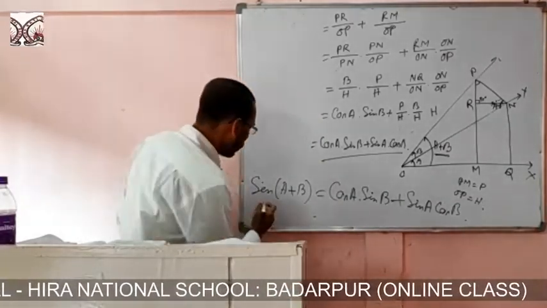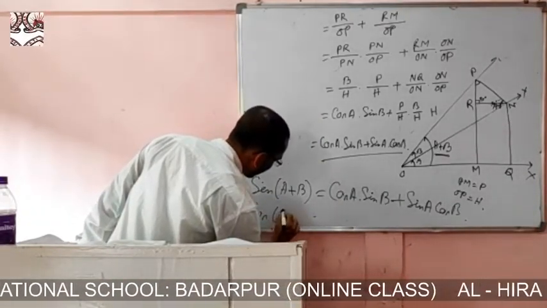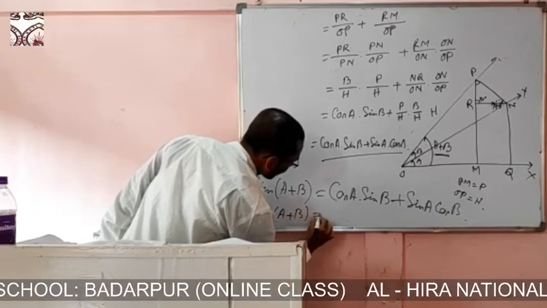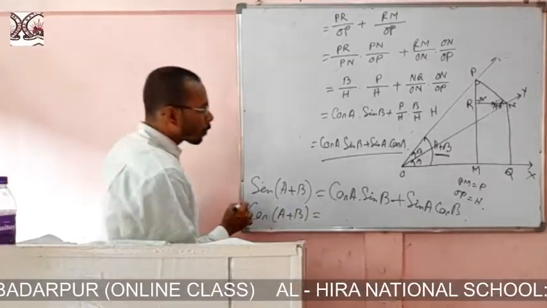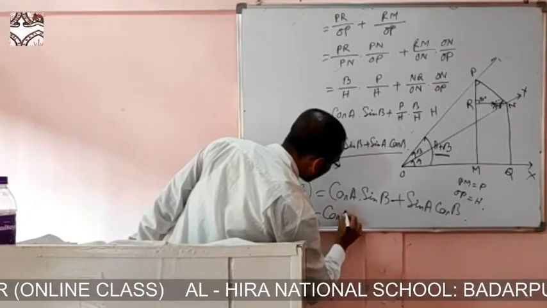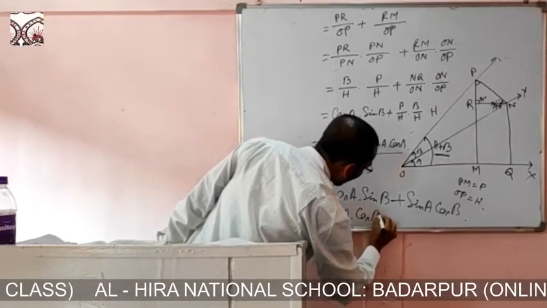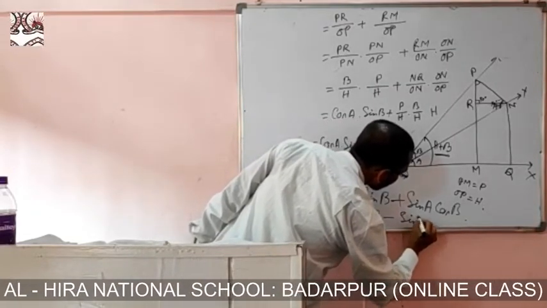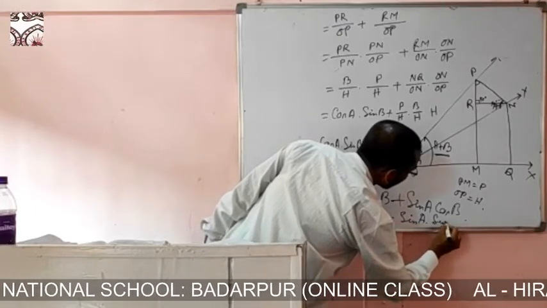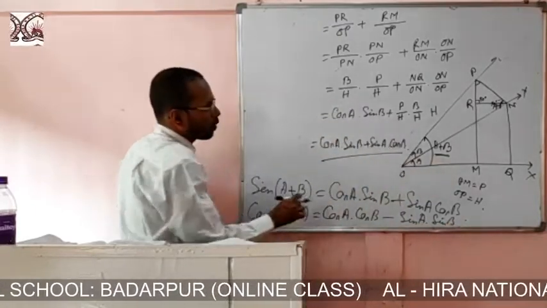Like this you can do cos A plus B, and you will get cos A plus B is cos A cos B minus sin A sin B. You can do this by yourself.